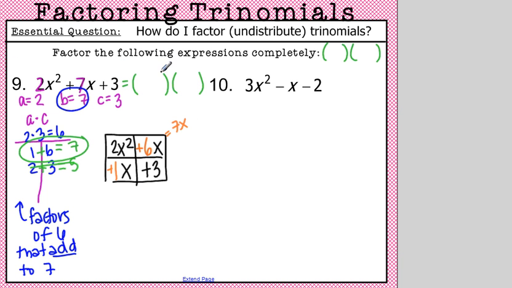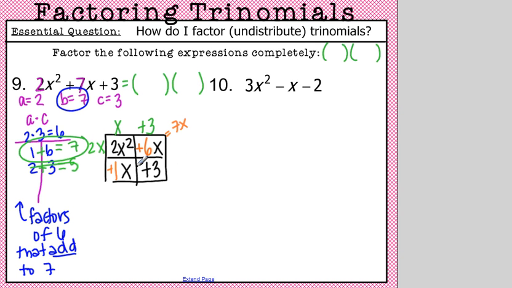I still have the same expression here, but I filled it in, so now I can find the GCF of the sides. Okay, so if I go and I look, what's the GCF between 2x squared and x? That's just 1x. The GCF, or the greatest common factor, between 6x and 3, that's 3. Greatest common factor between 2x squared and 6x, that's 2x.